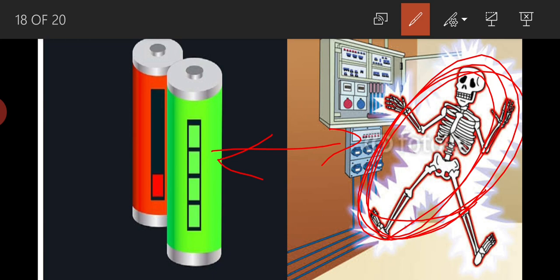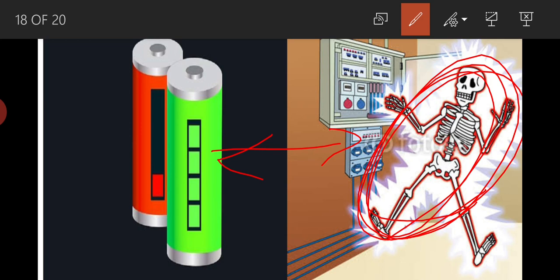Whereas when we keep our fingers in the switchboard, the potential difference present in that switchboard is 220 volts. Such a high voltage makes the electrons present in our body move from one place to another. Then a huge amount of current passes in our body, and we get a shock.